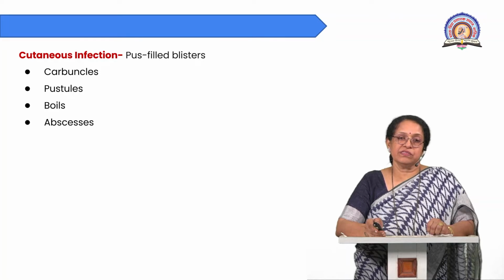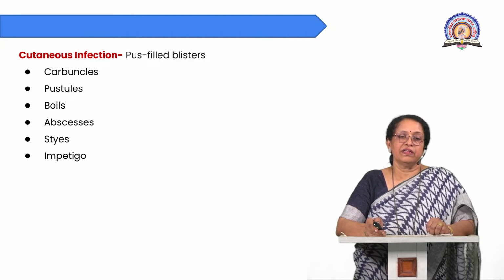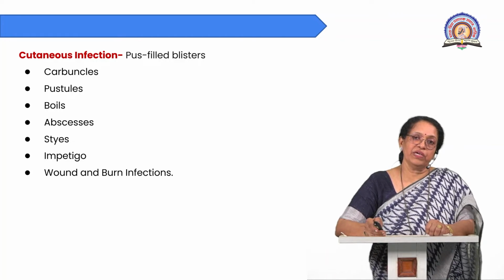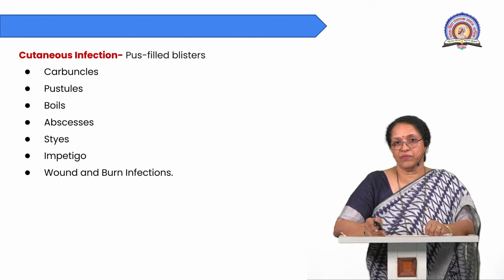Then abscesses filled with pus, then there is a chance of formation of styes on the eyelids, conjunctival infection, then impetigo observed on the facial region as well as on the arms and back.